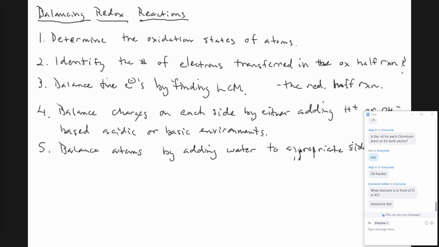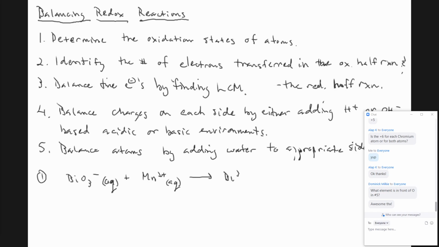Okay, so let's practice this and balance our redox reaction. So those were practice problems. This is like the real beginning of redox, right? So we're going to look at bismuth oxide minus, and it's aqueous, means it's dissolved in solution, plus manganese ion, aqueous.